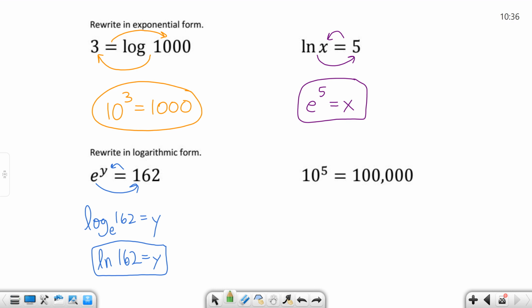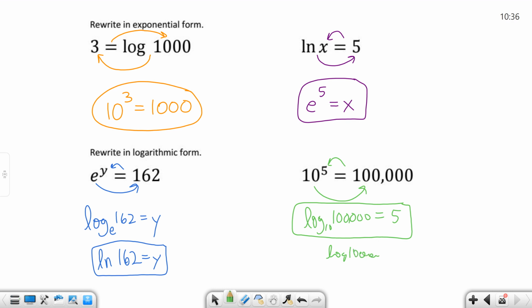All right, so 10 to the 5th equals 100,000 here. So again, we're going to change it to log, and we're going to start with the base. So if I start to write 10 and go, wait a minute, I don't need to write 10 down. Log of what? 100,000 equals what's left, which is 5. If you write the 10 there, just do the same thing we did over here. Write it down again without that.